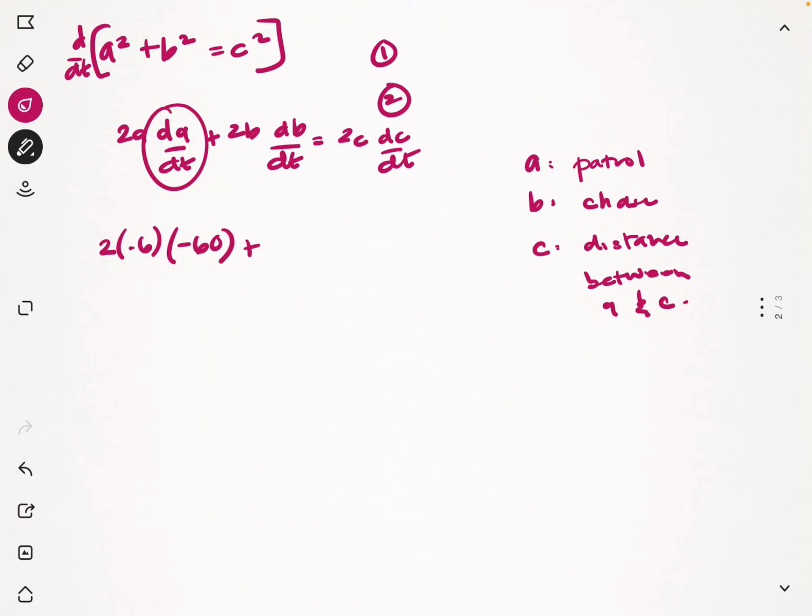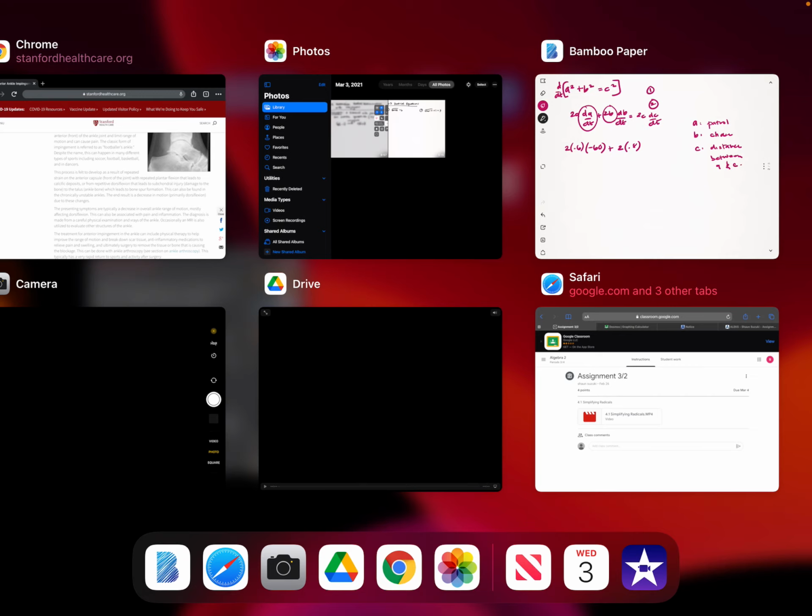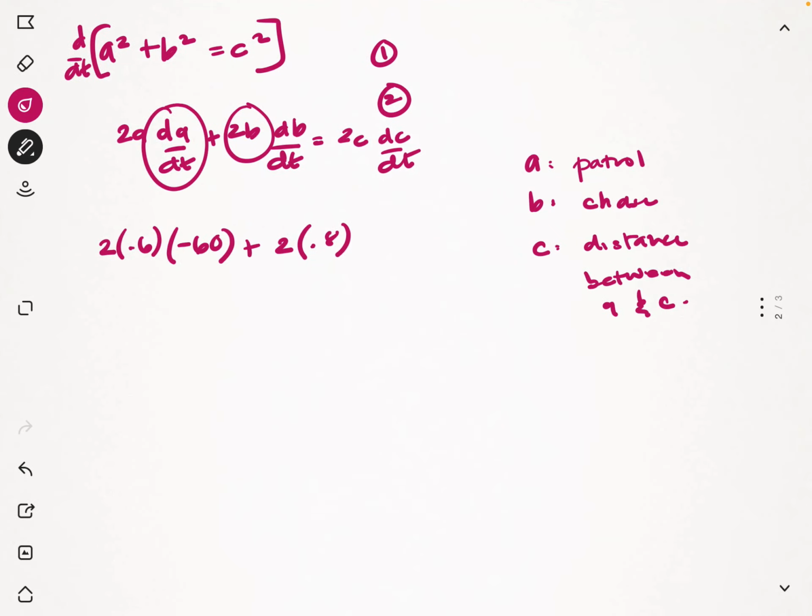Now for the chase car, we know it's 0.8 miles from the intersection. That's our B. And then the rate of change of the car, does it say? No, it doesn't say. That's what we're trying to find. How fast is the car going? So we'll say dB/dt there still, because we're not sure what that is.